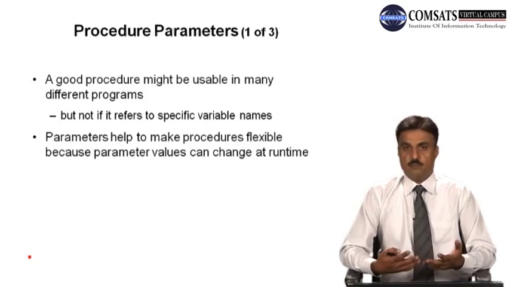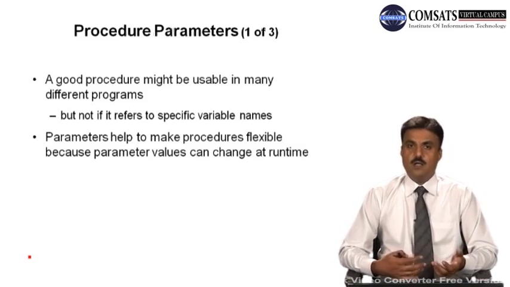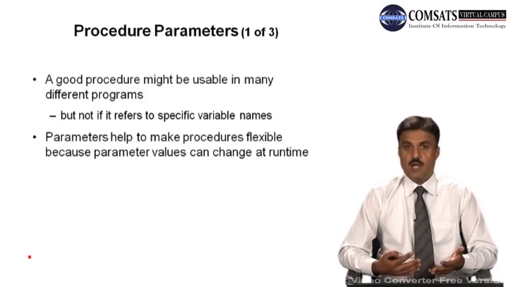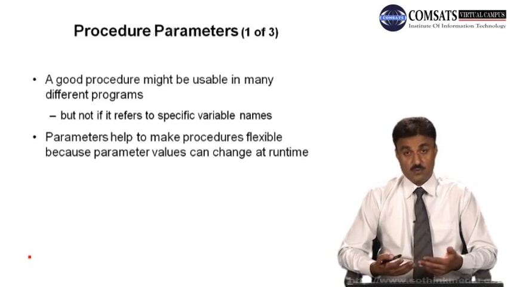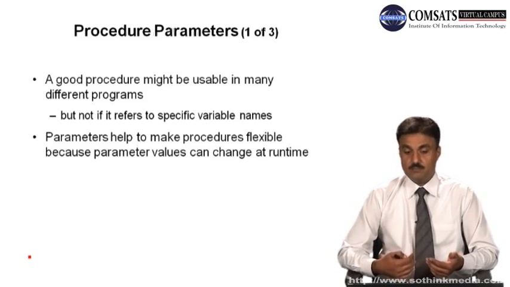So we write some procedures and save them in the libraries. And if these procedures are very good, very fast, very efficient, and some other programs want to use these procedures, then they can call them.